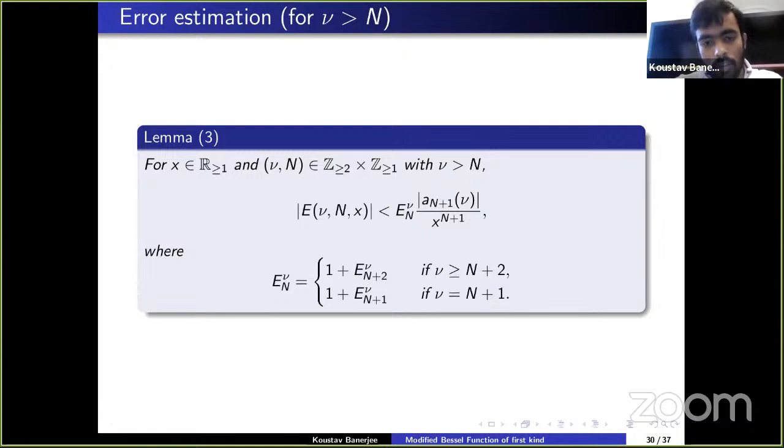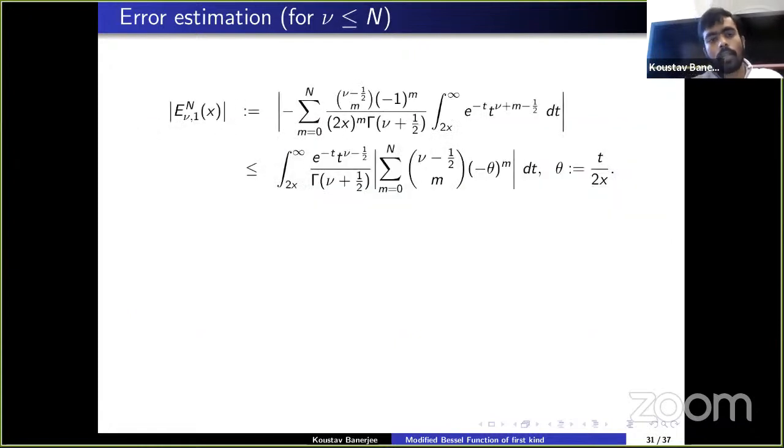So we do not have to recall these formulas. But for nu less or equal to n, we first swap the sum and want to analyze this sum, this nu minus half binomial n minus 1, minus theta to the power nu.